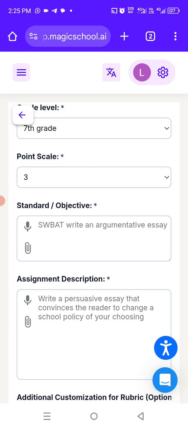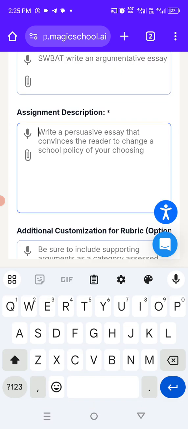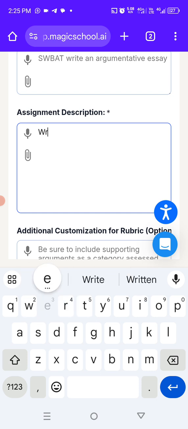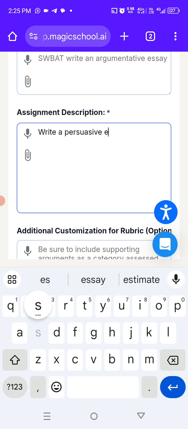I follow a similar pattern to the example given here. Say, in case I'm an English teacher, write an essay.